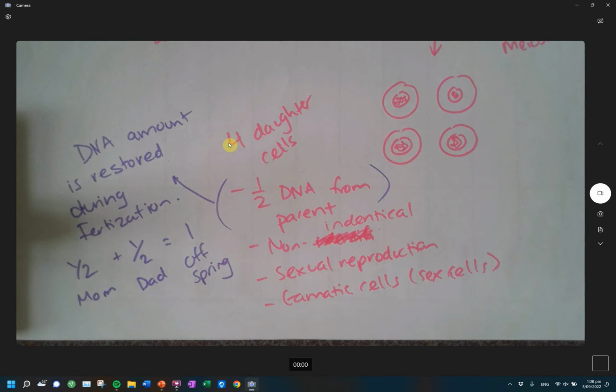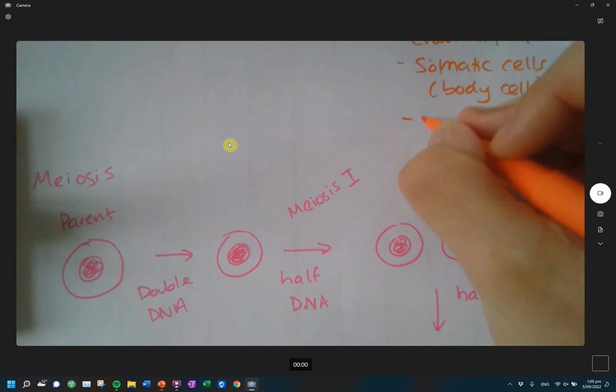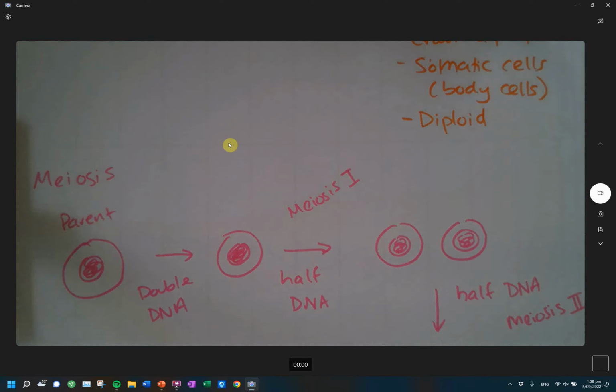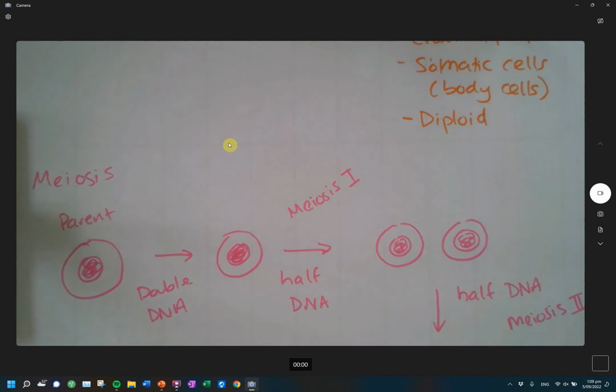All right, see what we can check off so far. Gametic. I should also add that these guys would be diploid. So it has a set number of DNA, the normal amount.